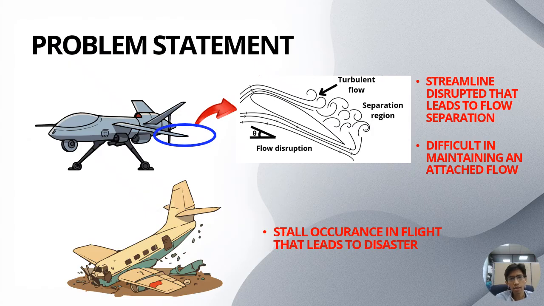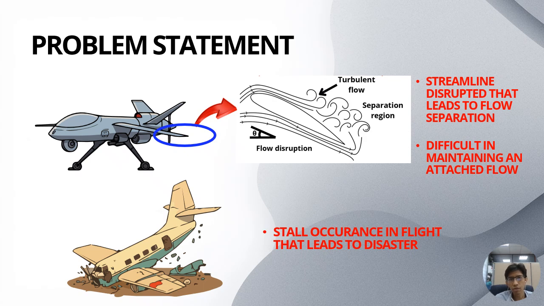If we cut the cross section of a wing of a UAV and test it with an airflow, you can see the streamline across the airflow is rather smooth. However, at a certain point downstream of the airflow, you can see a turbulent flow, and it will create a flow separation region. The flow separation region is quite problematic for aerodynamic performance.